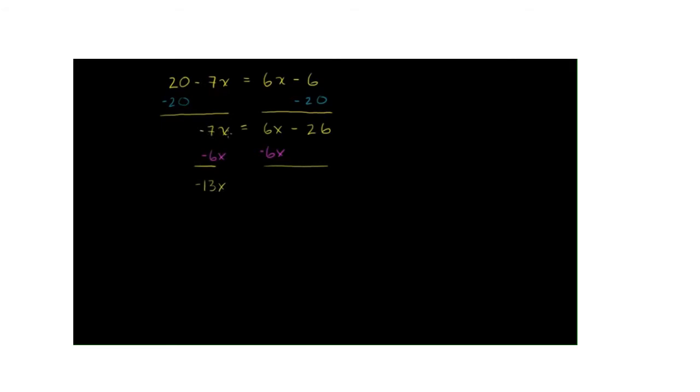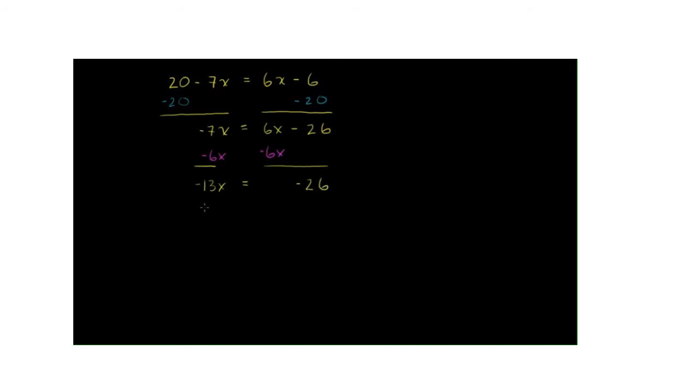It's negative 7 of something minus another 6 of that something is going to be negative 13 of that something. And that is going to be equal to 6x minus 6x. That cancels out. That was the whole point behind subtracting 6x. And then we have just a negative 26, or minus 26, depending how you want to view it. So just negative 13x is equal to negative 26.